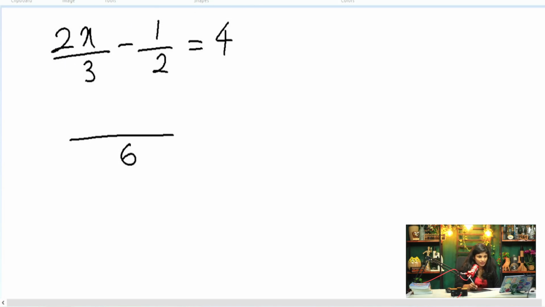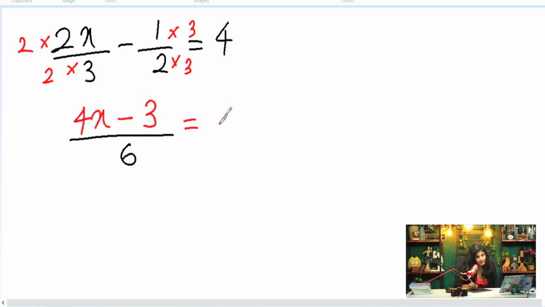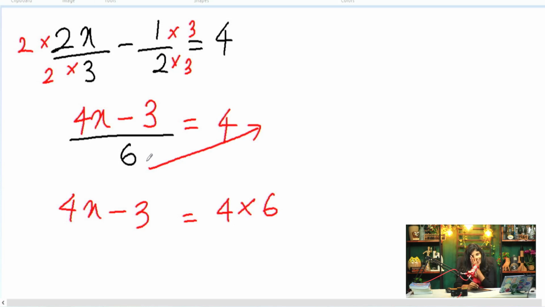Multiply this one by 2 and 2 by 3. 2 times 2x means 4x minus 1 times 3 means 3 equals 4. I will carry this 6 to the other side now. 4x minus 3 equals 4 multiplied by 6. When a division is carried to the other side of the equation, it will become multiplication. Okay? So, that's it.